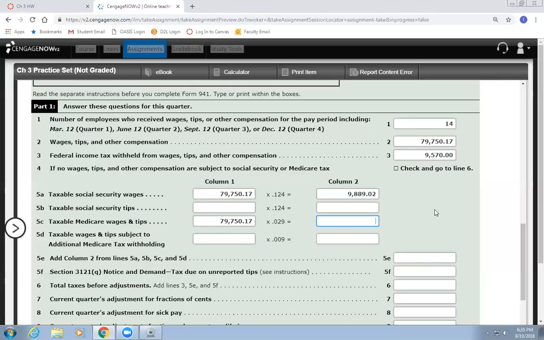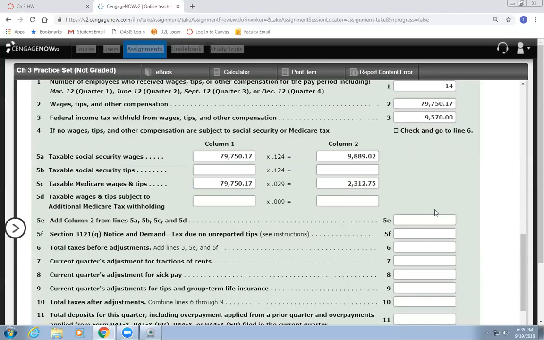So you should get $2,312.75. And then 5D, again, there were no taxable wages and tips subject to additional Medicare tax withholding, so we can leave that one blank.